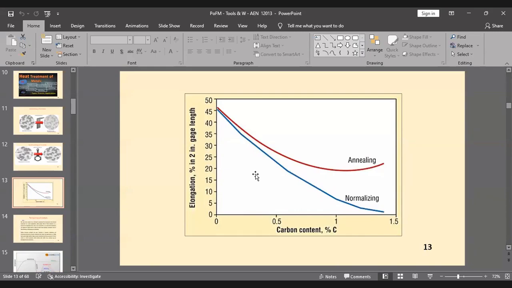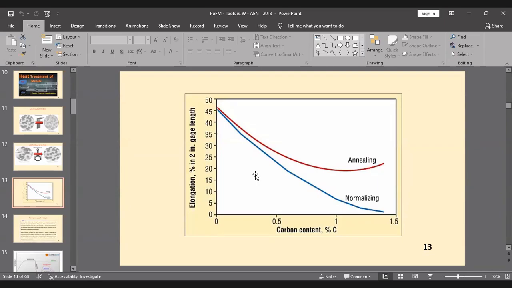Elongation and carbon content percentage. By increasing the carbon level, we are increasing the strength of metal. By increasing heat, we are increasing the strength of metal. That is normally visible. But if you go through the real things, in annealing we are softening metal by heating.